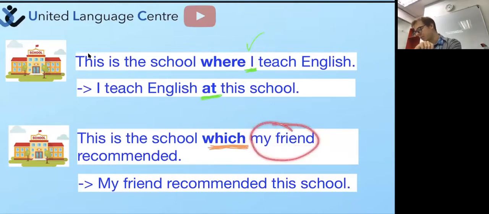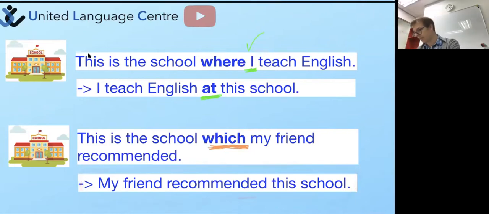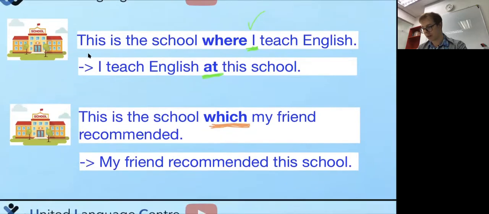This is not a verb, but when I think about the answer, I don't need to say the location. I don't need to say the at, the on, the in, anything like that, okay? Because my friend just recommended the school. No preposition. So the which is better, okay? The which is better. Good.